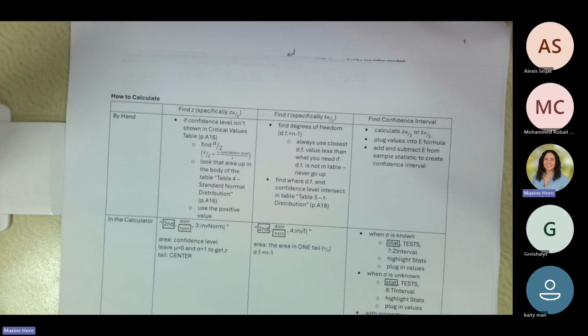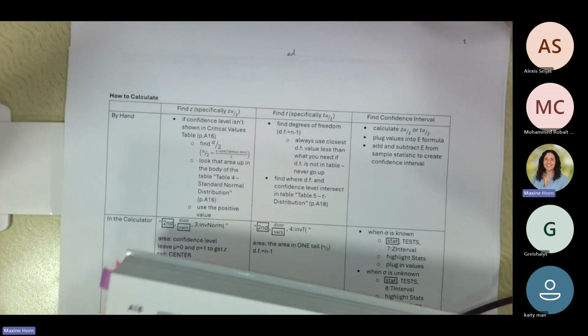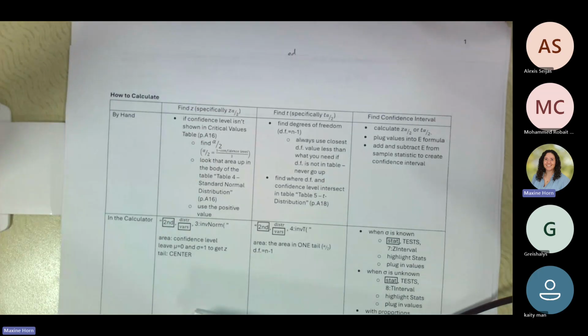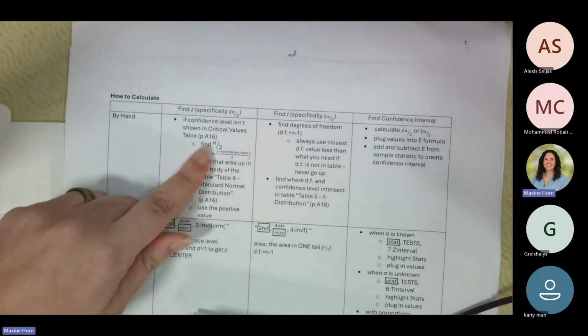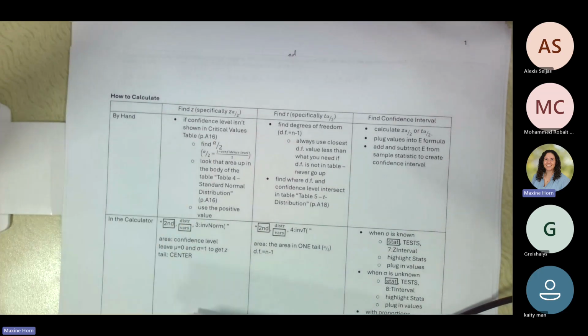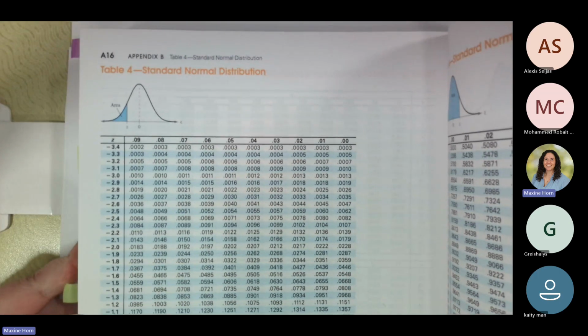So in your book on page A16, not A18, page A16. This is in the back of the book, we have this page, the standard normal distribution.